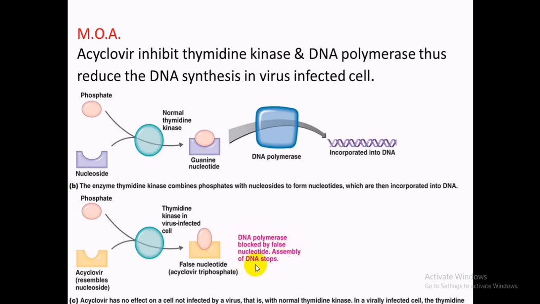Assembly of DNA stops. Acyclovir inhibits thymidine kinase and then DNA polymerase, thus reducing DNA synthesis in the virus-infected cell.